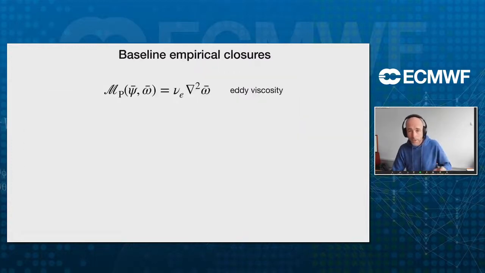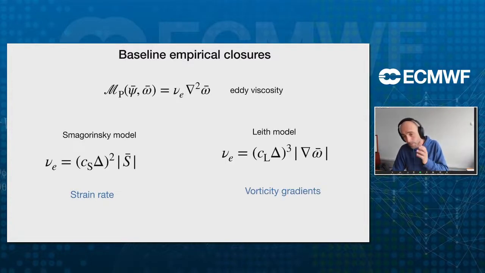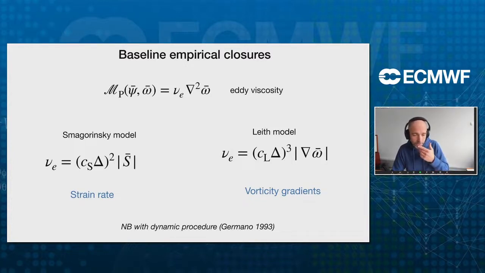Okay, we will compare that with some baseline empirical closures, well-known ones based on the eddy viscosity frameworks. On one hand, we will look at the Smagorinsky model that's based on the strain rate, and also compare that with the Leith model that you probably all know, where the key quantity is the vorticity gradients. And obviously, we're using all the fancy dynamic procedures that allow us to get the best out of those eddy viscosity closures.